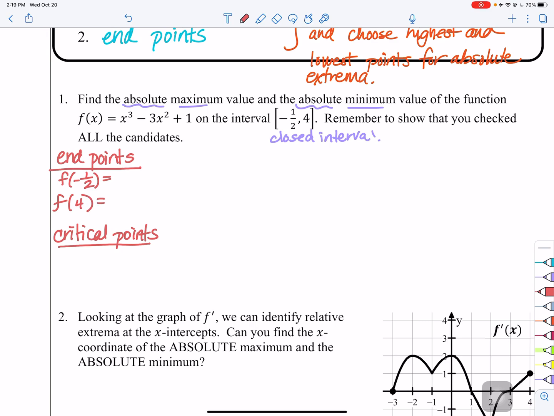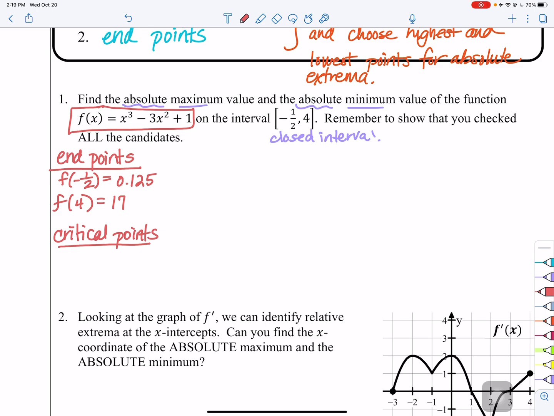And you can do that in a calculator. I just plugged them into this function right here. So when I plugged negative 1/2 in, I got 0.125. And a decimal form is nice because we're going to be comparing high and low. And f of 4 is actually 17.